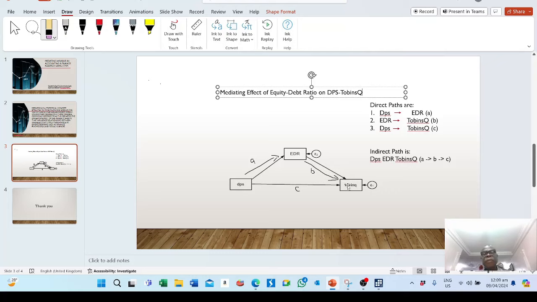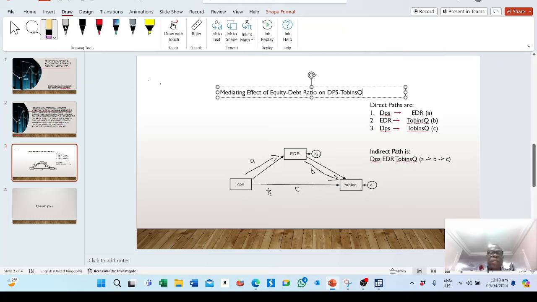The direct effect of equity to debt ratio on TobinsQ is on B, while the direct effect of dividend per share on equity to debt ratio is on path A. And lastly, the path of dividend per share on TobinsQ is a direct effect. The direct effect of dividend per share on TobinsQ is on the path of C. That is the direct effect.